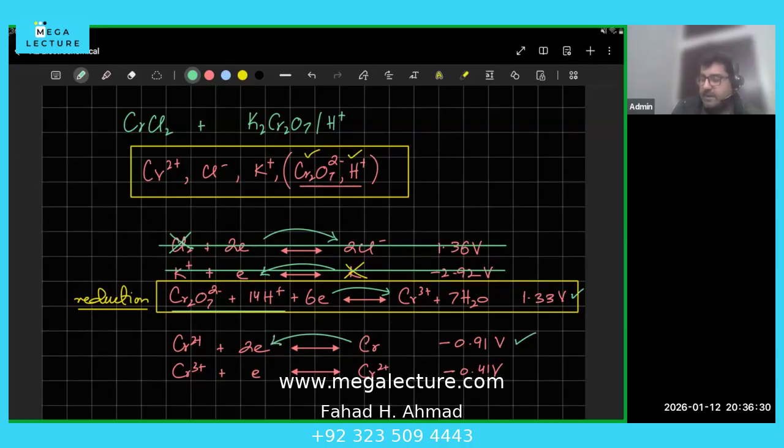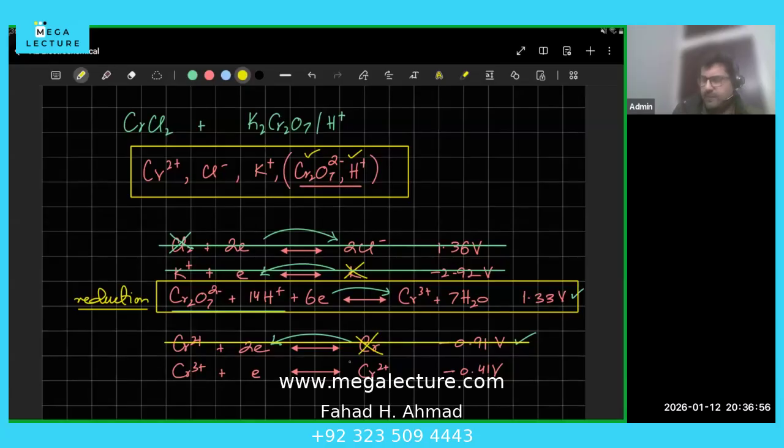But again, the trouble is, if you look at the reactants over here, there is no Cr. Well, Cr hai hi nahi. So we're gonna cut this equation out. So now the lowest potential that's coming out after removing all those reactions, it's minus 0.41.